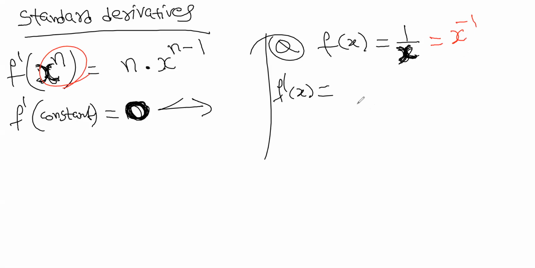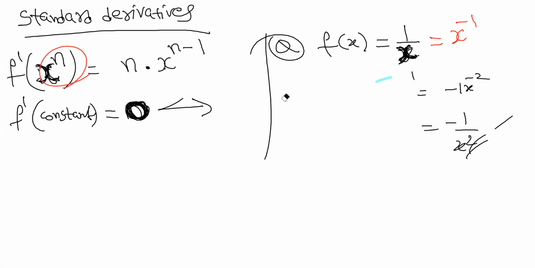By the formula, there will be minus 1 into x to the power minus 2, which is minus 1 by x square. Now if they ask at a particular point, you just have to substitute the value. Wherever there is 1 by x, just take it as x to the power minus 1.